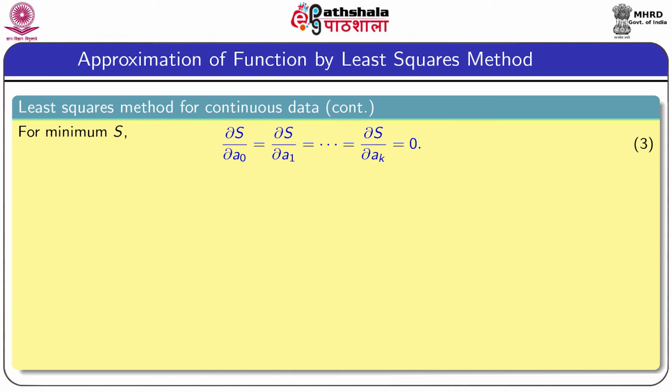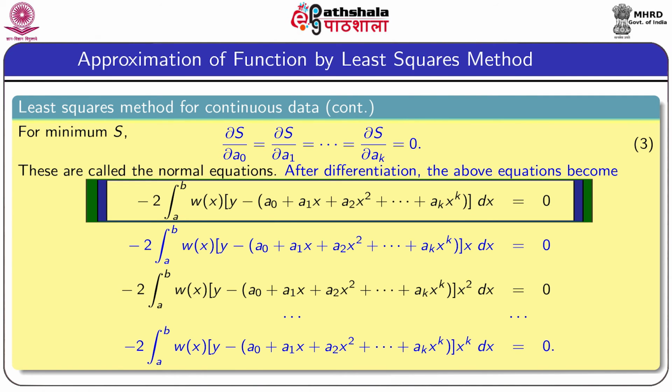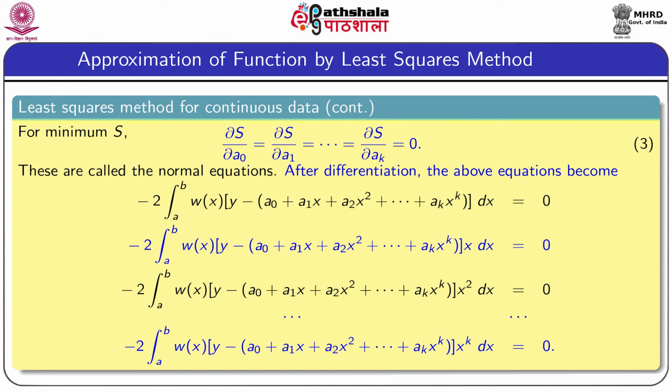For minimum S, the sufficient conditions are del S del a0 equal to del S del a1 equal to ... equal to del S del ak equal to 0. These are the normal equations. After differentiation, the first equation becomes minus 2 integration from a to b of w(x) into (y minus (a0 plus a1x plus a2x square plus ... plus akx to the power k)) dx equal to 0.